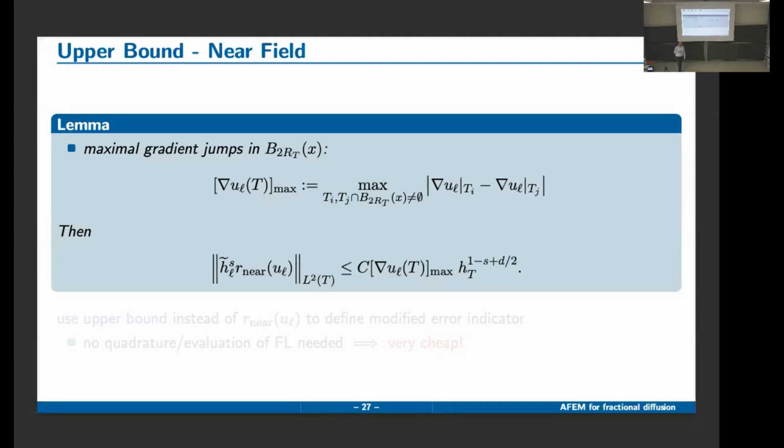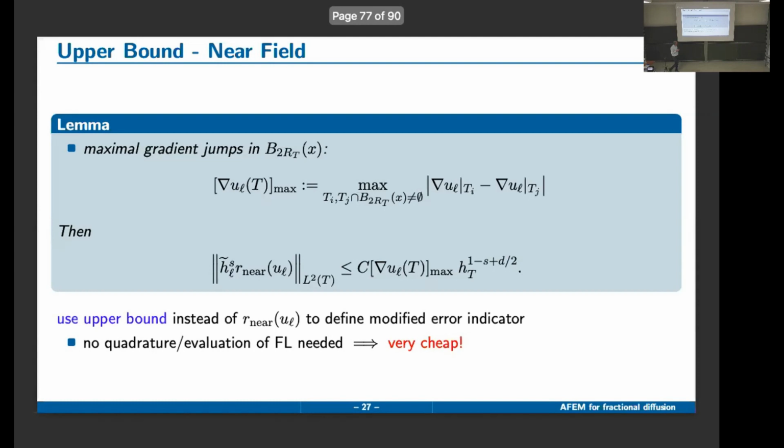And the idea is now, instead of computing a quadrature for the local part, which includes the singularity, we just compute this upper bound, which is just jumps of constants and h power. So instead of using this thing, we use this thing to steer our adaptivity, at least for the near field part.